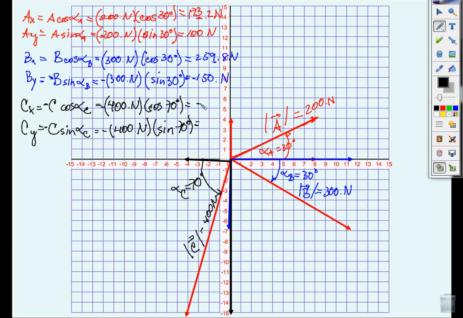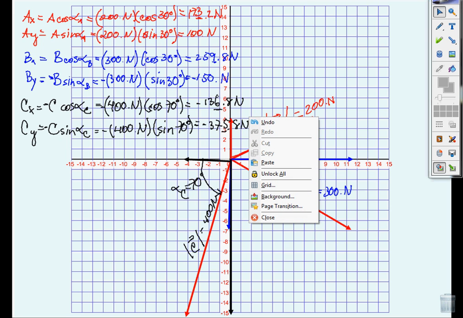That is equal to negative 136.8 newtons. Underline this. And here we're going to get 400 sine of 70 degrees. That is 375.8 newtons. Notice that after 8 you have a 7, but since it's not a significant digit, you do not round it.